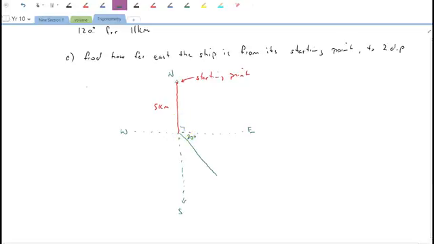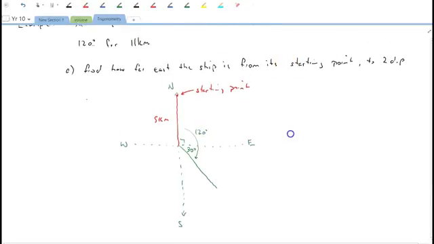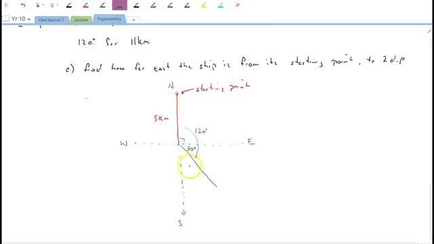That's 90 degrees obviously there. So the ship's gone due south, then on 120, being that angle in there being 120 degrees. Now let's go over to the question for 11 kilometers. So that's 11 kilometers there.